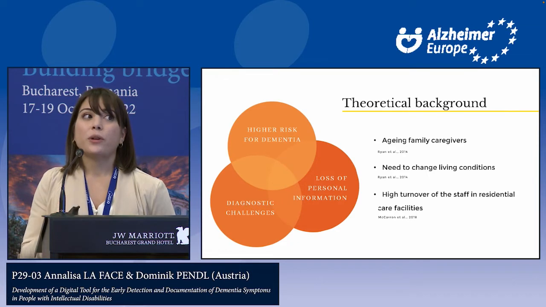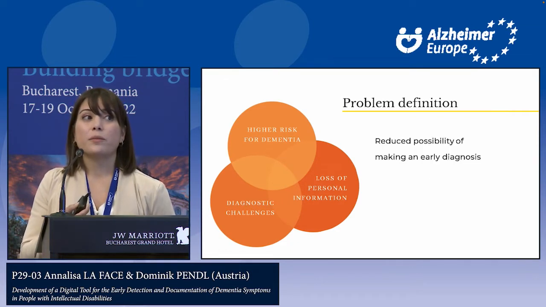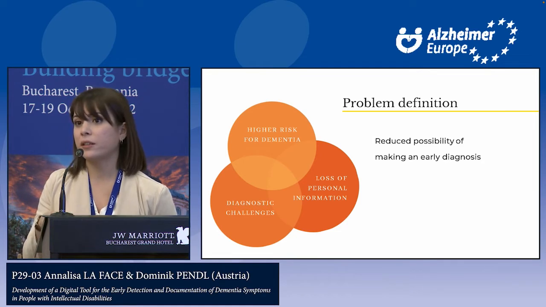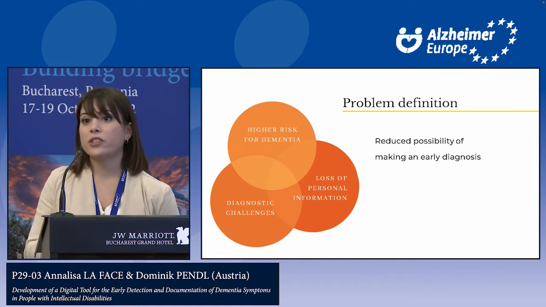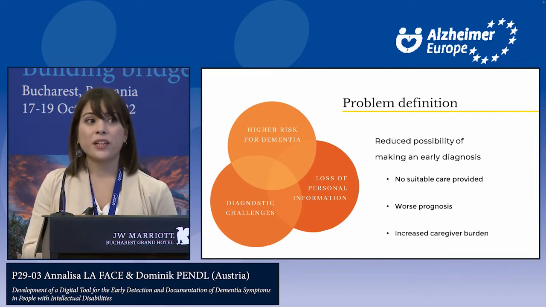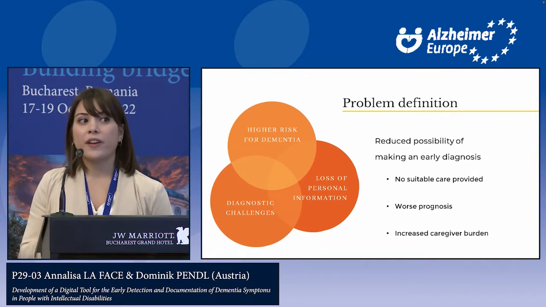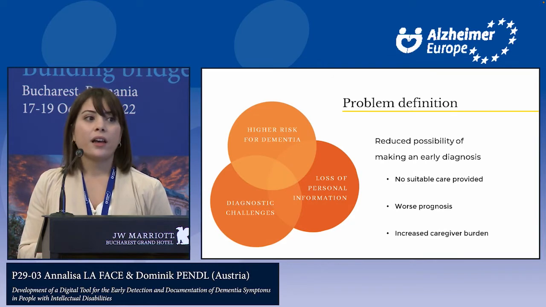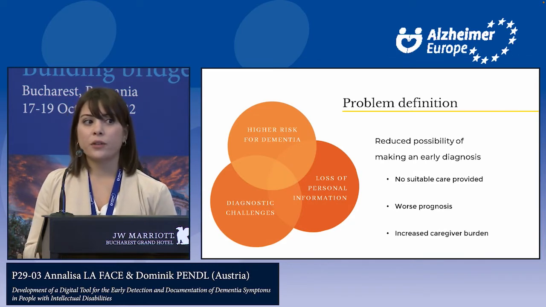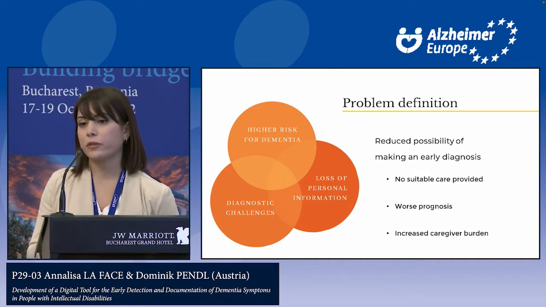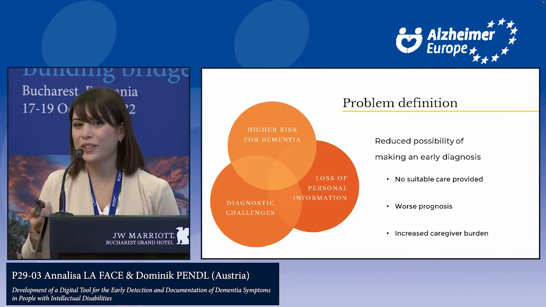That's why we'd like to address this problem, because those factors reduce the possibility of making an early diagnosis of dementia, which can bring problems like not providing suitable care, a worse prognosis, and an increased caregiver burden when the symptoms of dementia are not explained as symptoms of dementia.